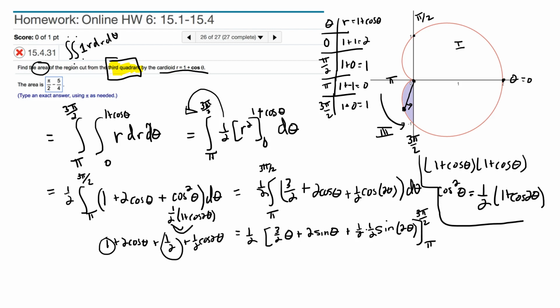But when you put these guys in there, we're going to find out what happens. The 1/2 stays on the outside. We get 3/2 of 3 pi over 2. And then we get double the sine of 3 pi over 2, which is a -1. And then we get a fourth of the sine of 3 pi, which is 0.